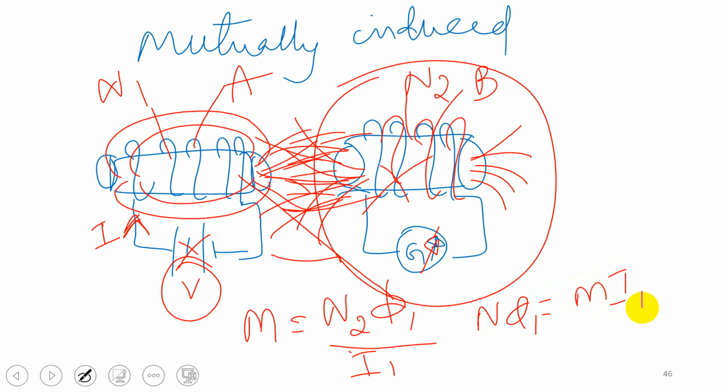Similarly, I can write minus N2 into phi 1 is equal to minus M into I1.